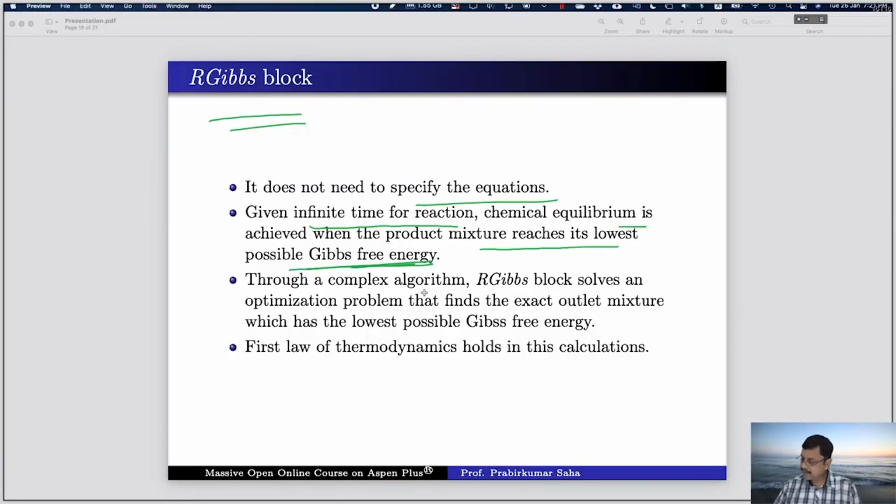Through a complex algorithm, the RGibbs block solves an optimization problem that finds the exact outlet mixture which has the lowest possible Gibbs free energy. And definitely the first law of thermodynamics holds in this calculation. Without that, we cannot get the minimum Gibbs free energy calculation.